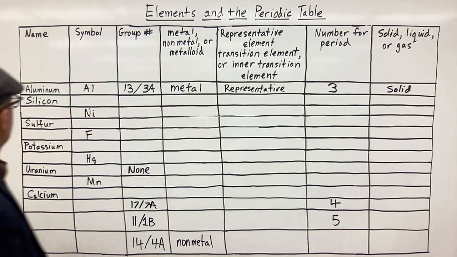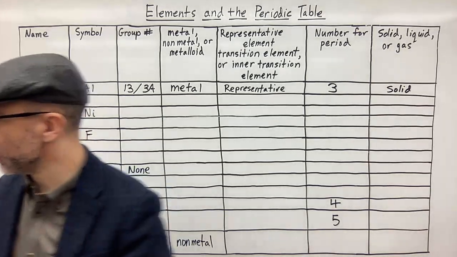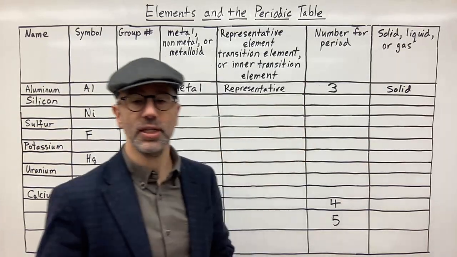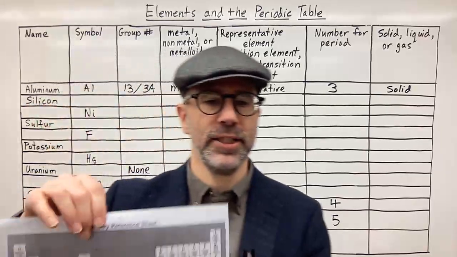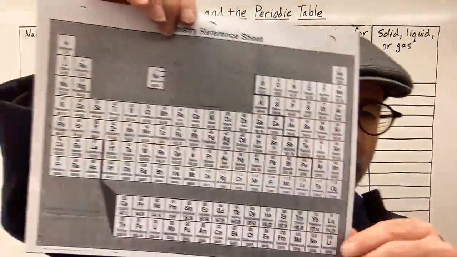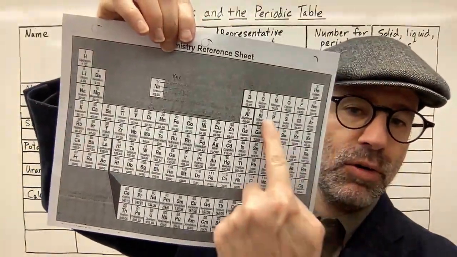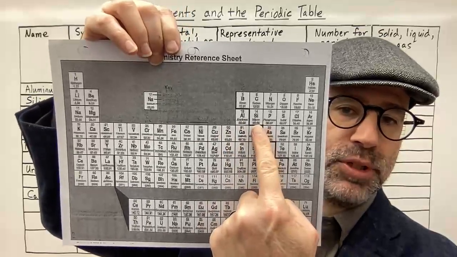Okay, silicon. So silicon, if we look on our periodic table, so where's silicon? If you find silicon in your periodic table, here I got a one here. So silicon is going to be right there on the periodic table. You'll notice its symbol is Si.